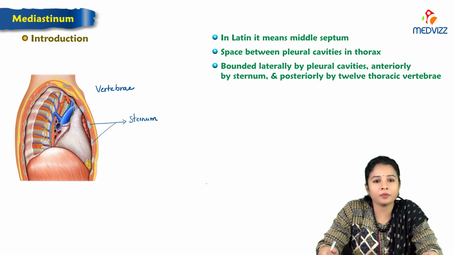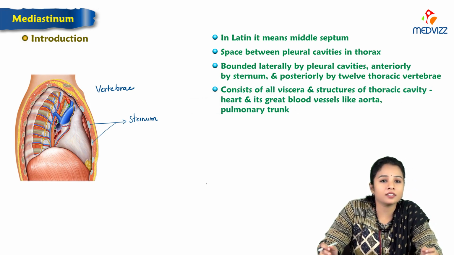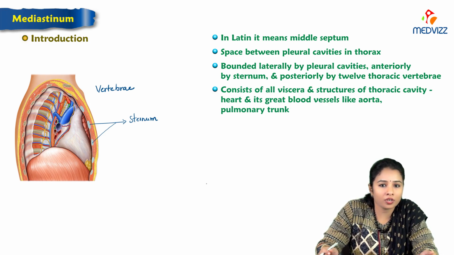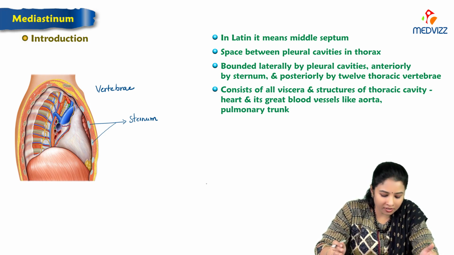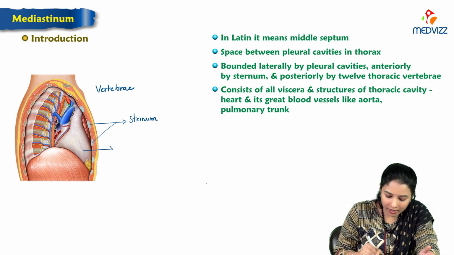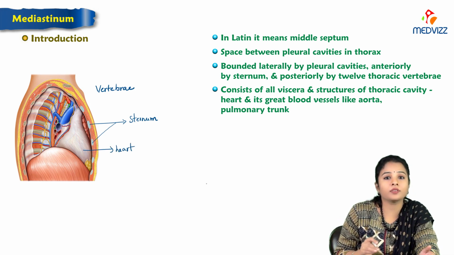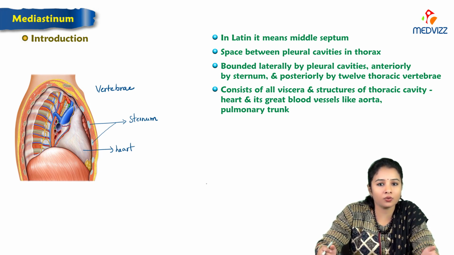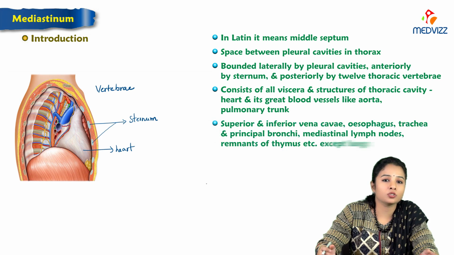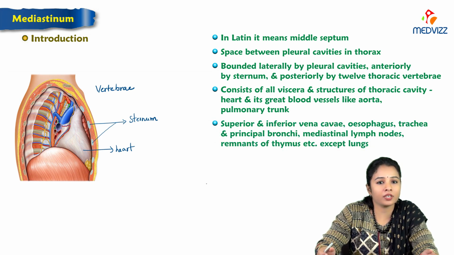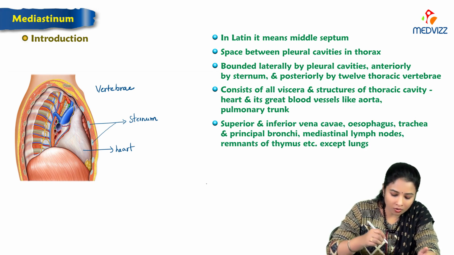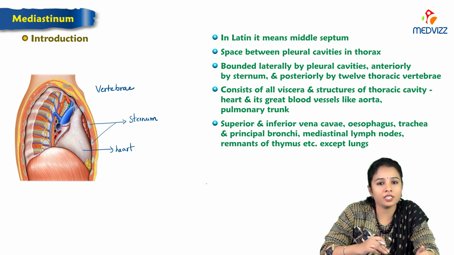I'll show this in another schematic picture. The mediastinum consists of all the viscera and structures of the thoracic cavity. We can see the heart within the pericardium, and its great vessels like the aorta, pulmonary trunk, superior vena cava and inferior vena cava, which are present in the mediastinum.